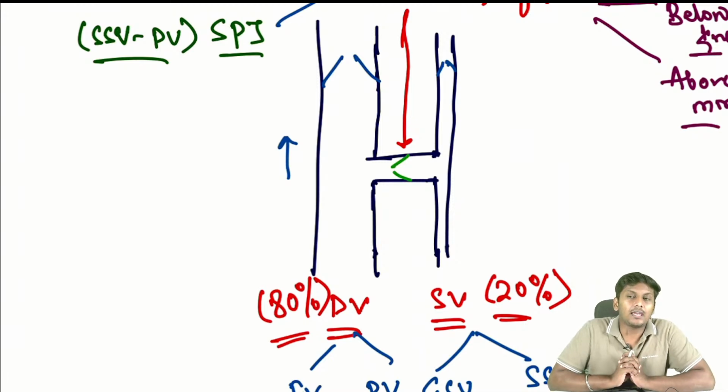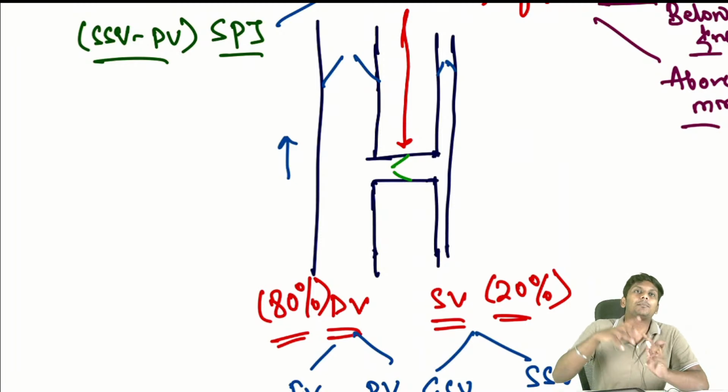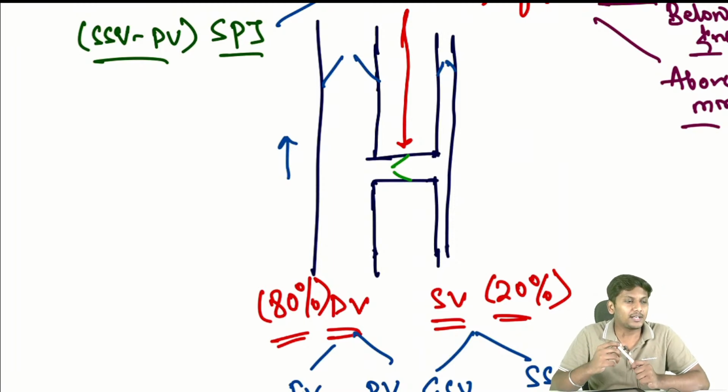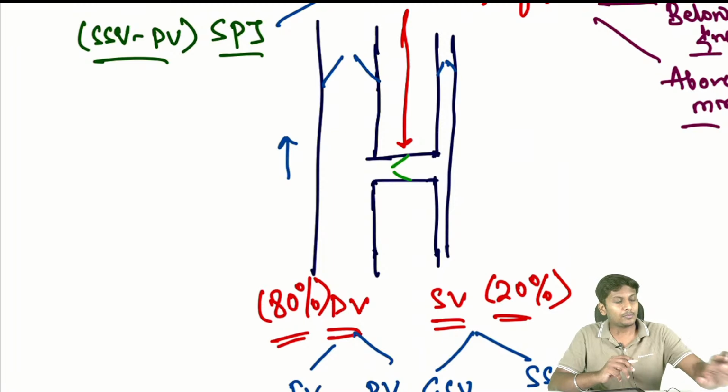Let's see. Whenever you start walking, the muscles of your leg are going to contract, and as the muscles of the leg contract, which veins are going to be compressed first? The deep or the superficial?